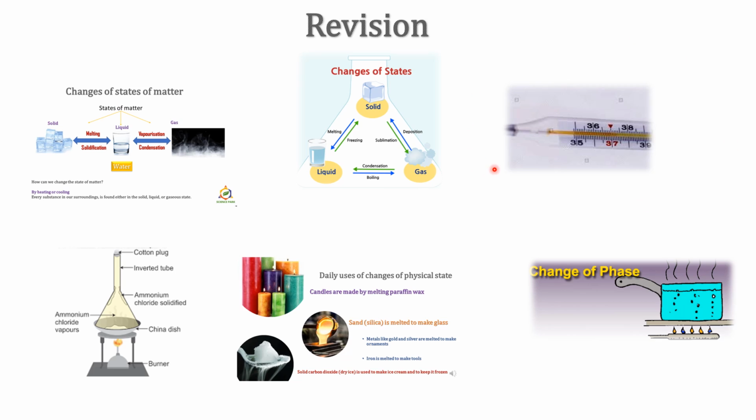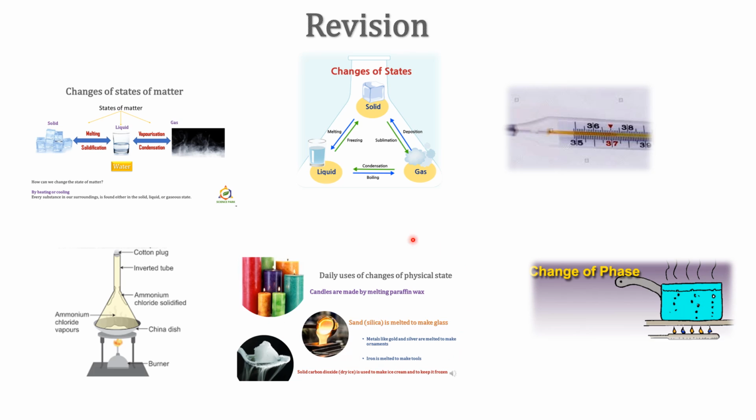With the help of a thermometer. So we learned all the details of the thermometer. We even saw the demonstration of how to measure temperature on a thermometer, which we use in the chemistry laboratory. I demonstrated an experiment where we boiled water, so we saw the processes of boiling and condensation.